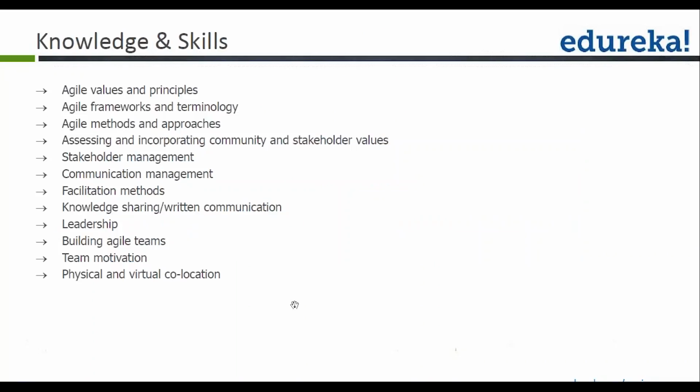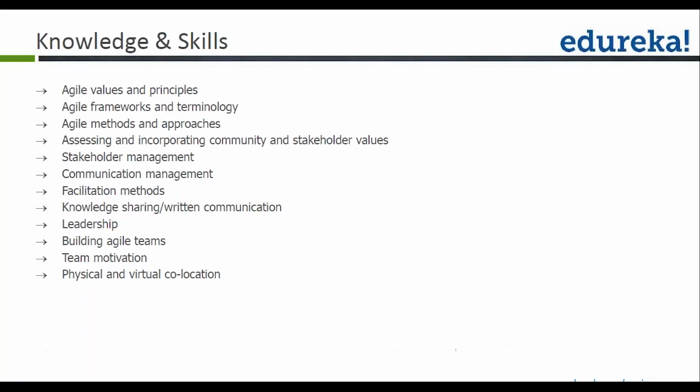Okay. From a knowledge and skills perspective, we'll be talking about values and principles. What are the various agile frameworks and terminology? We have agile methods and approaches, assessing and incorporating community and stakeholder values, stakeholder management, communication management, facilitation methods, knowledge sharing, written communication, leadership.